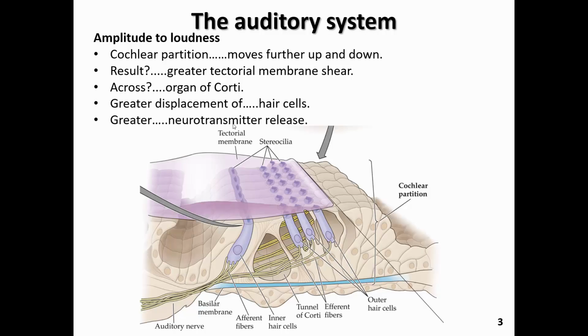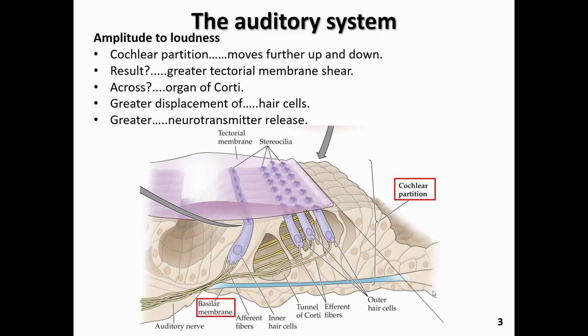As we take a look at the picture here at the bottom, we have our basilar membrane, which is the base of our organ of Corti. We have our tectorial membrane, which will shear back and forth, thereby displacing the hair cells that project up into the tectorial membrane. And we have our cochlear partition.